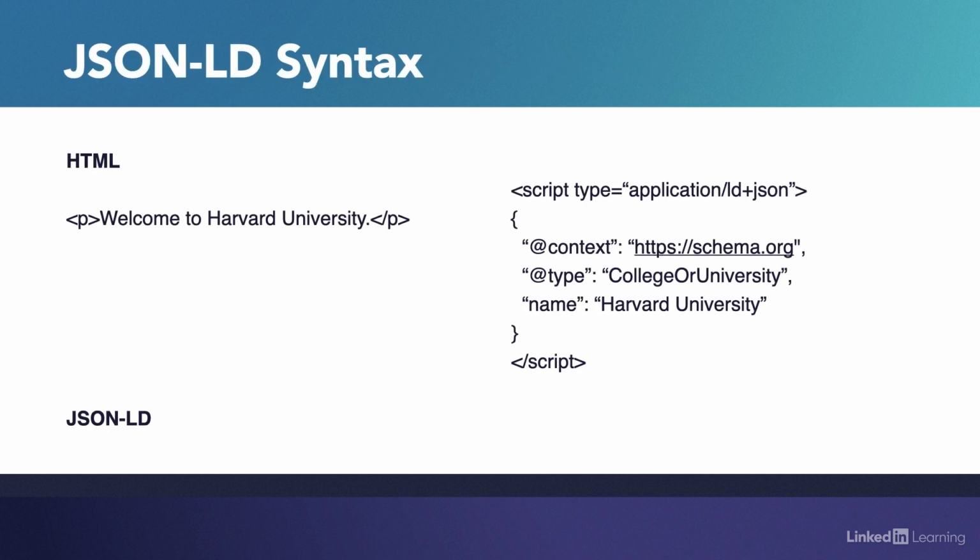Now, as for JSON-LD, this, of course, is a JavaScript-based syntax, and so we have separate HTML from the actual JSON-LD portion of this. So the HTML is very simple. You just spell that out as a paragraph, welcome to Harvard University. And in the JSON-LD, you're going to use your script tags.